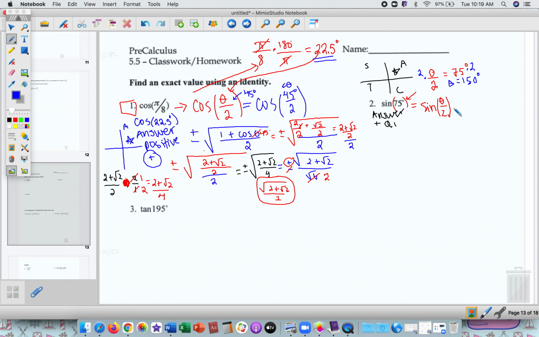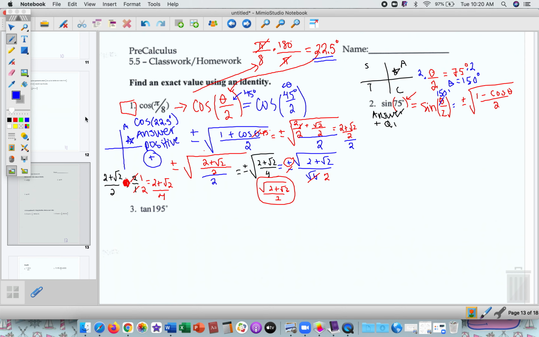Now we're going to use our formula. So we'll replace this with 150 degrees. And our original formula that said sine of theta over 2 is plus or minus the square root of 1 minus cos theta, all over 2.